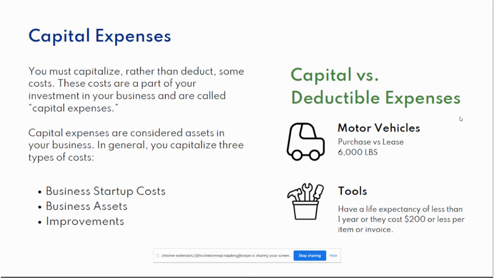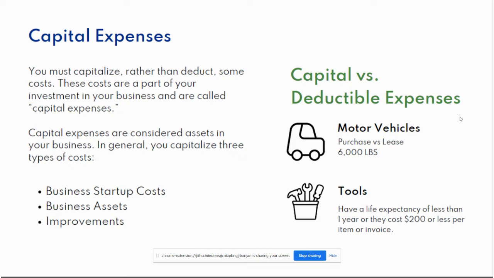If we're talking about small tools, you can set a threshold, and this is an internal threshold, but you have to be consistent. A lot of clients use a $200 threshold, or sometimes it's $500. It depends on the business. And other businesses will do a $1,000 threshold.